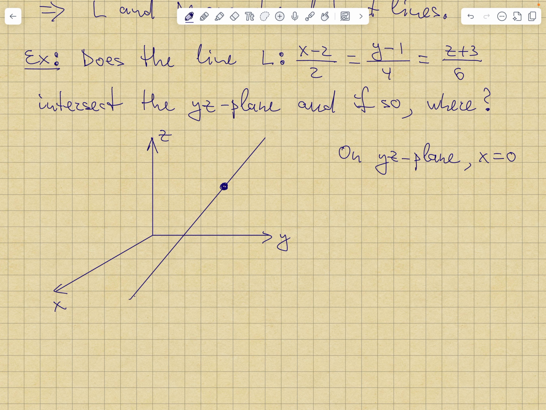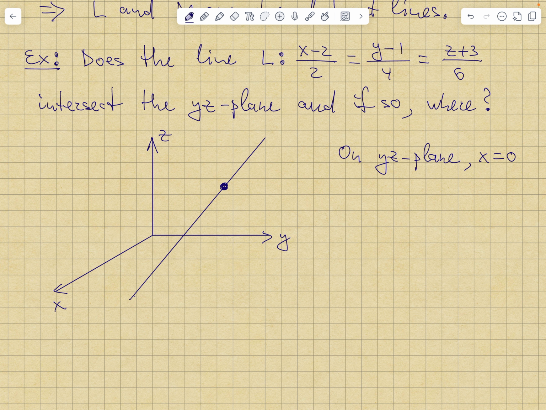If x is equal to 0, then, again thinking about the particle, I want to rewrite the symmetric equation that is given to me in a form that describes the trajectory of the particle, and then I would work with the particle, and it will be clear why in a second.